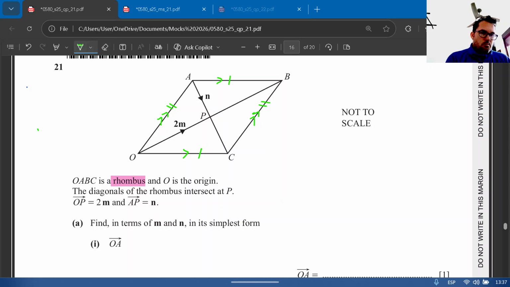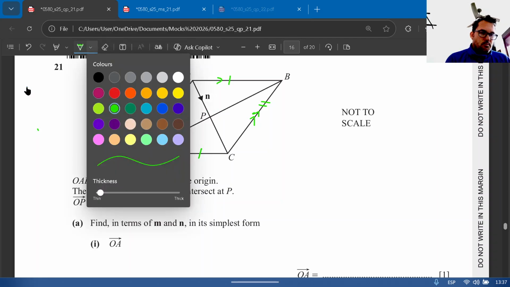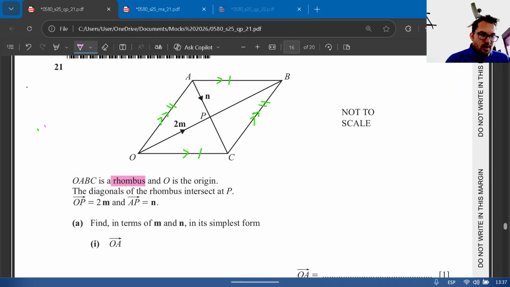Now let's start the party. Find, in terms of m and n in its simplest form, OA, which means we're going from O to A. They want to know this one here. Okay, but with all vectors, we take the path that we know. The path that we know is this one, going from O to P, because that gives us 2m.